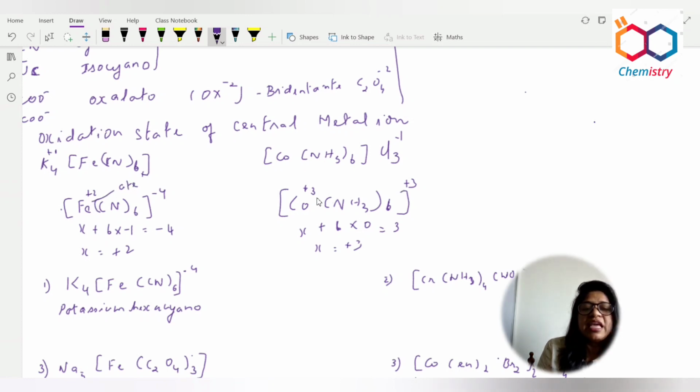If it is positive, the name of the central metal ion will be as it is. Just keep that in mind. So here it is a negative coordination entity, so the name of Fe will be ferrate. If it were positive, the name of the central metal ion would be iron. You will not write ferrate, you will write iron. Now, the oxidation state we already calculated is 2.